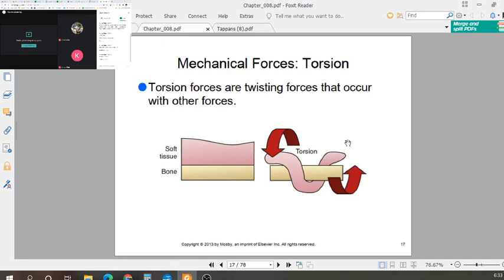Can you think of which technique we learned last week that you could consider to be torsion? We got it. What is it called? Wringing. It's not cross fiber. It's an effleurage technique that's also combined with massage.